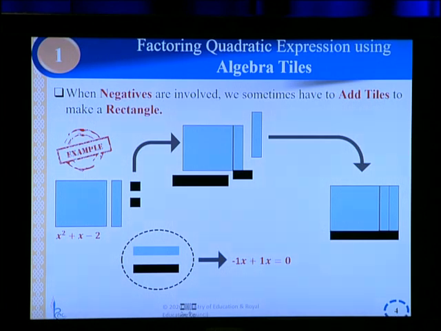Now can you think what would be the dimensions of this new rectangle formed? Of course, it is x minus 1 and the other dimension is x plus 2. So therefore, as we have already said earlier, the dimensions represent the factors. So we have the factors of x square plus x minus 2 as x plus 2 and x minus 1.